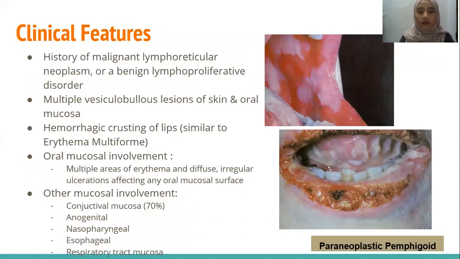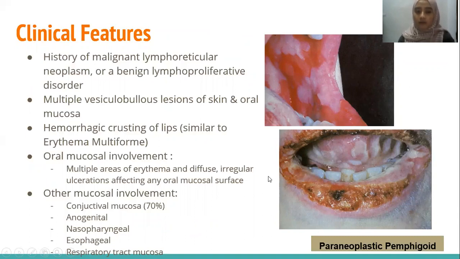So the patient will come with a history of malignant lymphoreticular neoplasm or a benign lymphoproliferative disorder, multiple vesiculous lesions of skin and oral mucosa, and hemorrhagic crusting of lips are also seen, which is similar to erythema multiforme. This can be appreciated from the clinical picture below here.